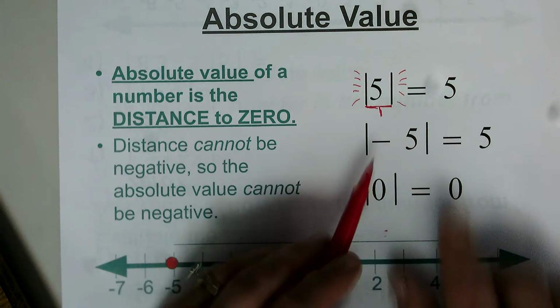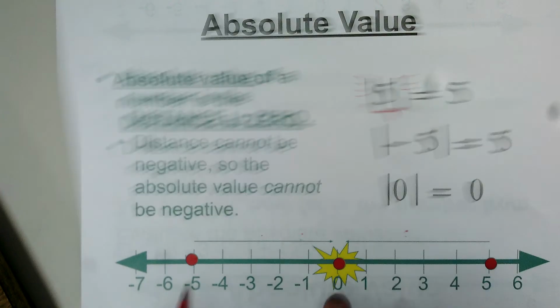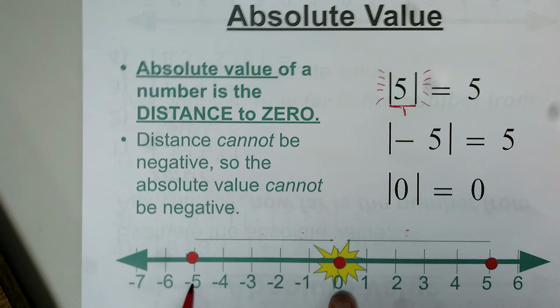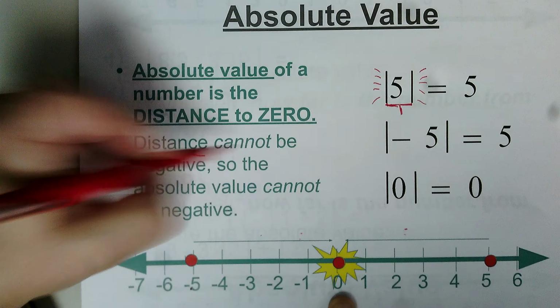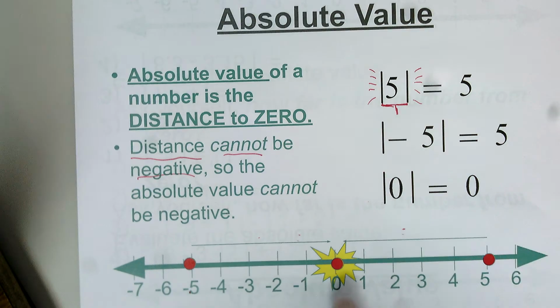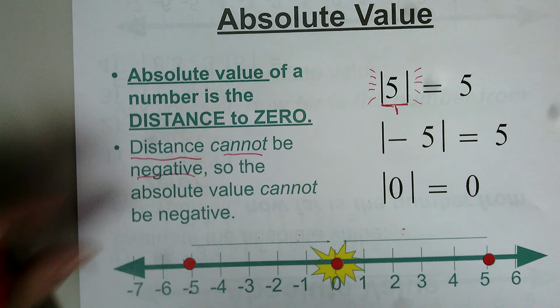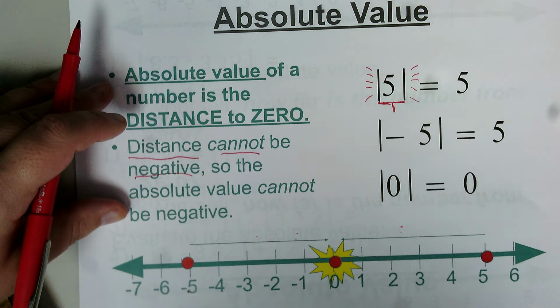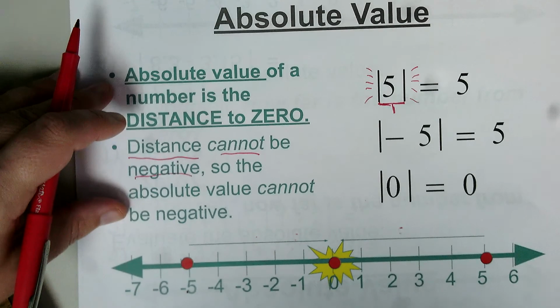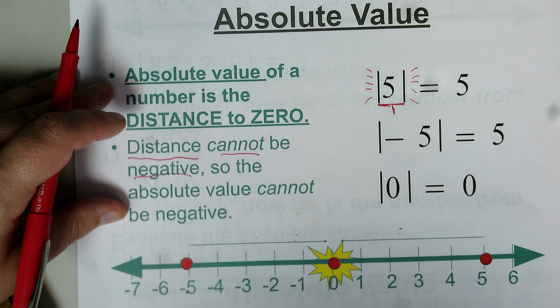Well, the absolute value of a negative 5 is also a distance from 0 of 5. And distance cannot be negative, okay? It cannot be negative because you don't walk negative steps. You don't drive negative miles. You may drive to a place and drive home from a place, but it's never negative miles. Distance is never negative.